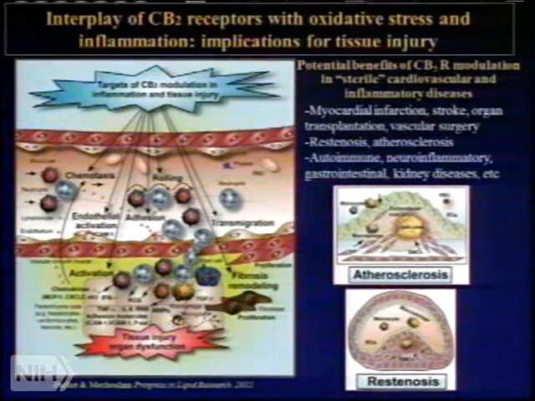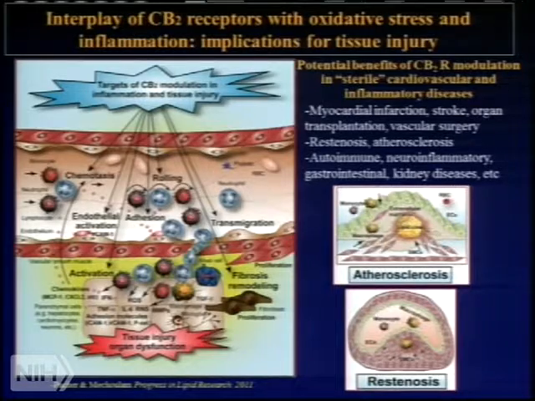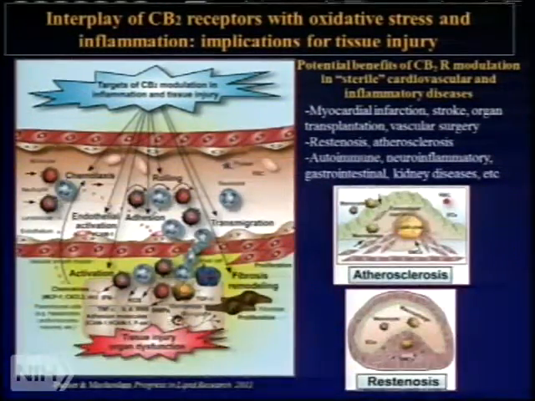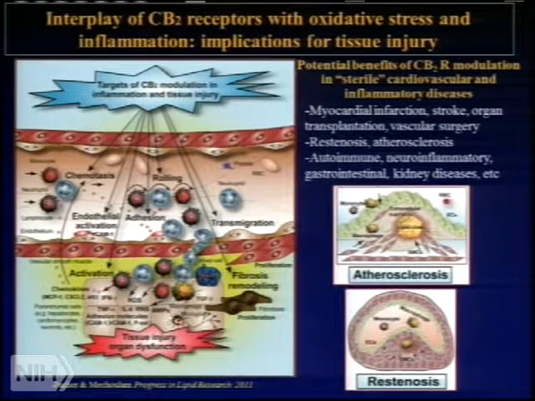It decreases chemotaxis of these inflammatory cells and endothelial cell activation. Endothelial cells also have CB2 receptors, and then migration, transmigration and activation of these cells. And this has been shown to be beneficial in various models of ischemic reperfusion injury.